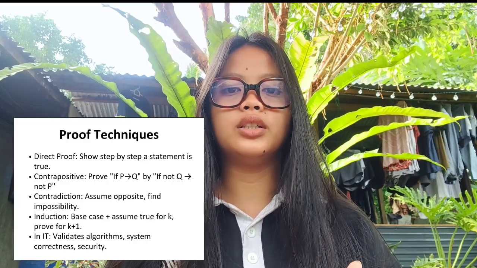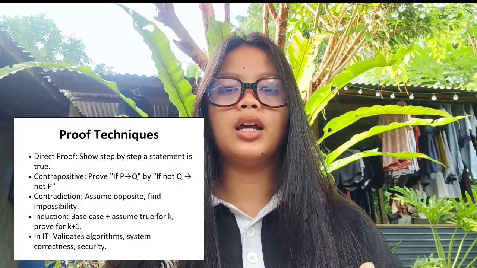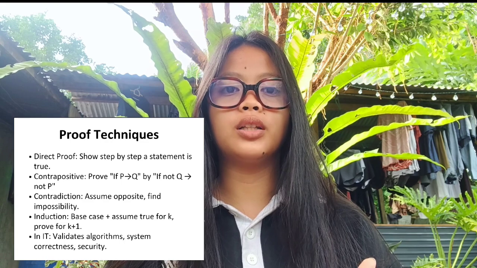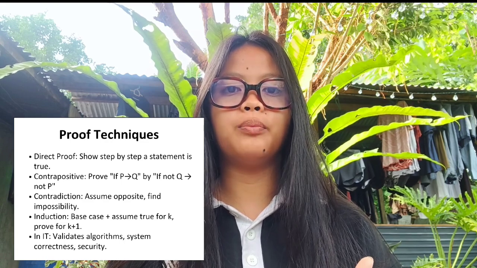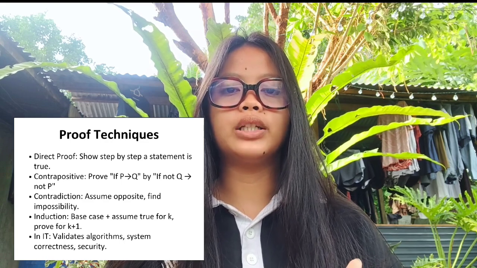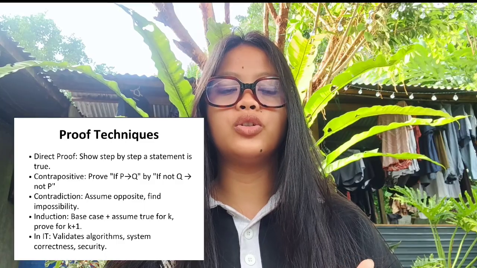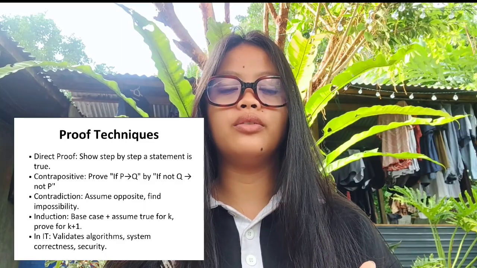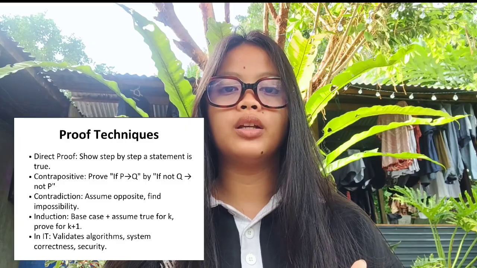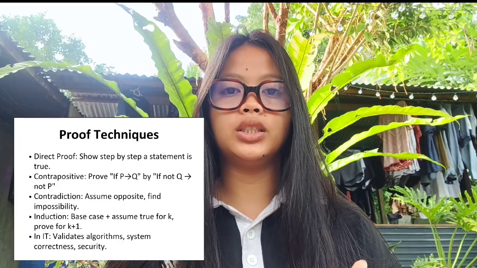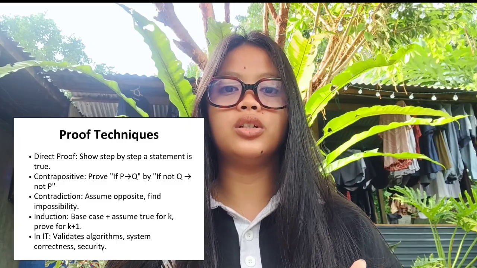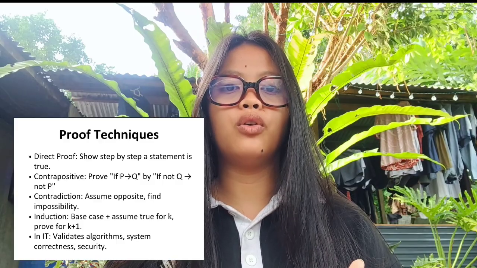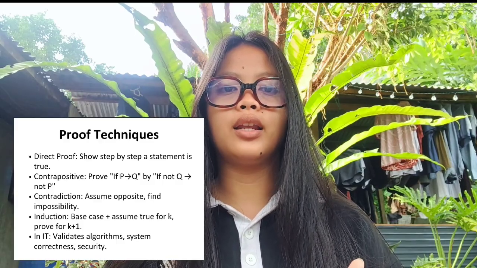The next one is contradiction: assume the opposite and find an impossible result. For example, assume 5 is even, which leads to nonsense, so 5 is an odd number. The next one is induction. Step 1: prove for n equals 1.